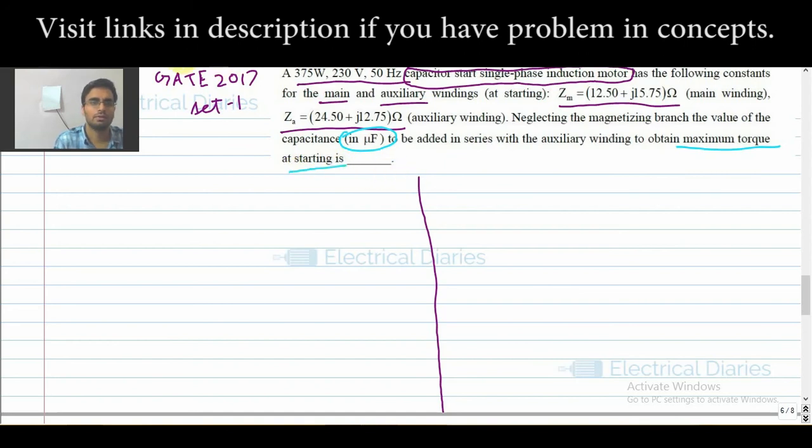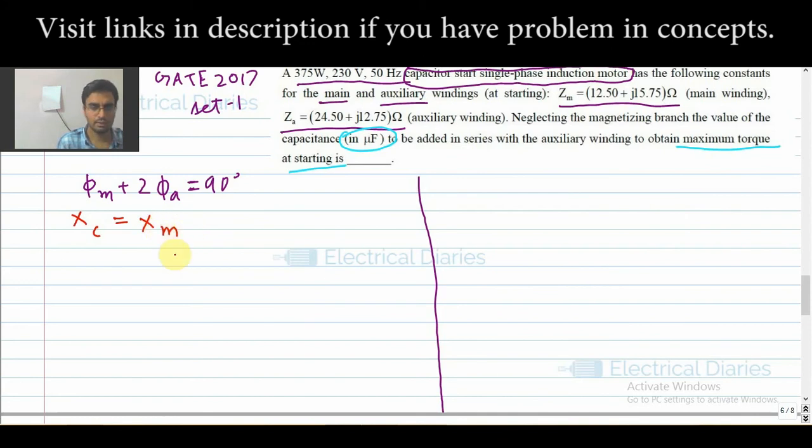This is just a simple direct formula, or else you might be remembering this equation: phi m plus 2 phi a is equal to 90 degrees is the condition for the maximum torque at starting. From this formula only we derived this one also, and I recommend that you remember this, because there are two formulas of this kind.